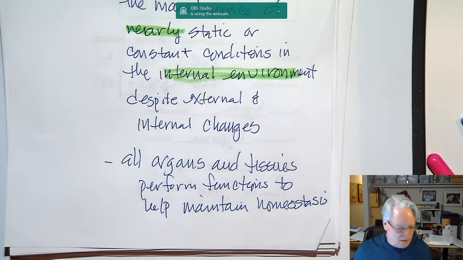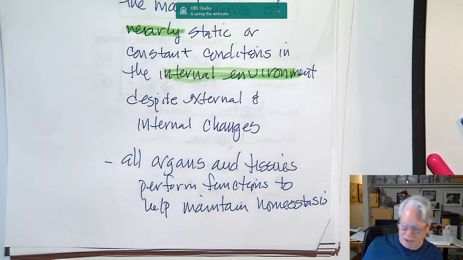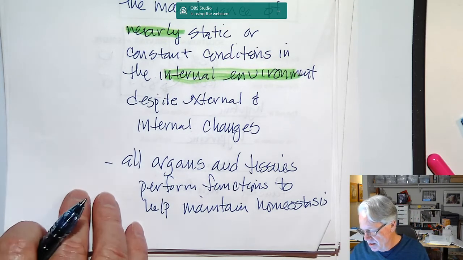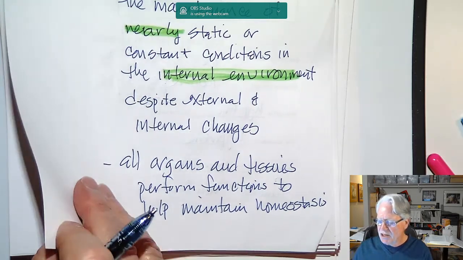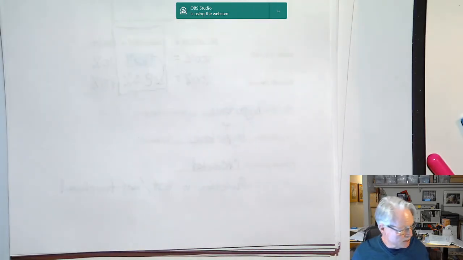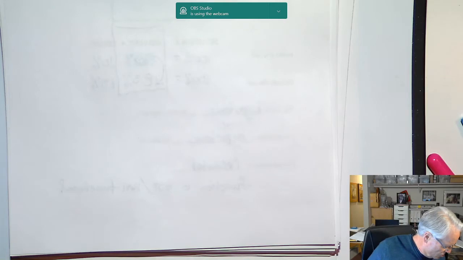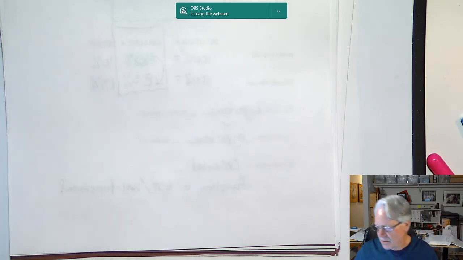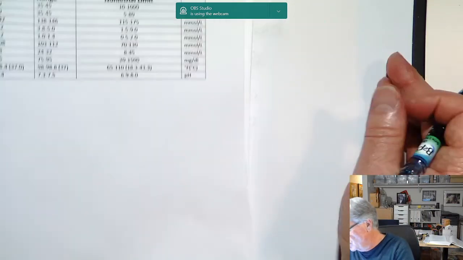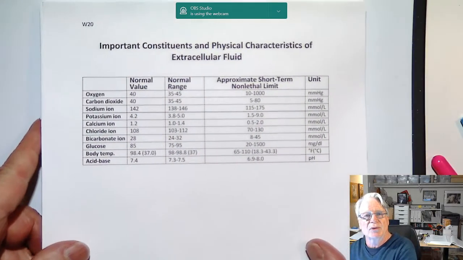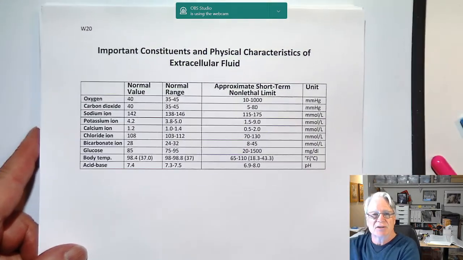So let's take a look at some of these conditions. What are they and what can we learn from them? Let's turn our attention to that. I'm going to give you a list. This is a handout that you should have already, because I've asked you to take these handouts and print them out.